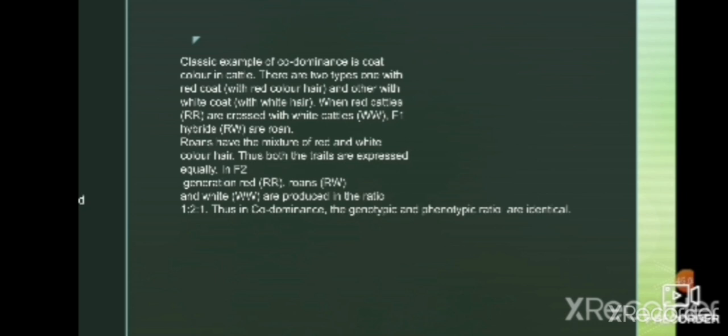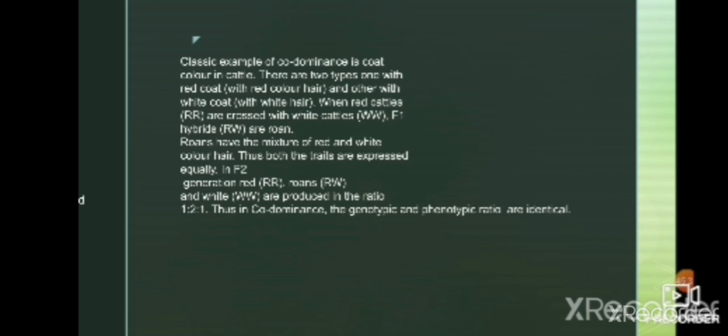There are two types, one with red coat with red color hair and other with white hair. When red cattle, capital R, are crossed with white cattle, capital W, F1 hybrids are roan colored, that is capital R, capital W. Roans have a mixture of red and white color hair.